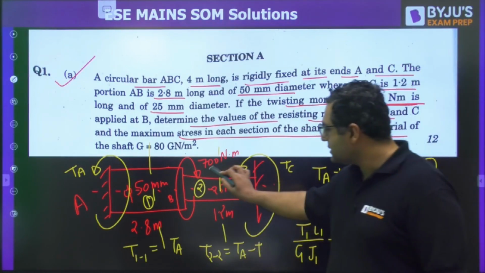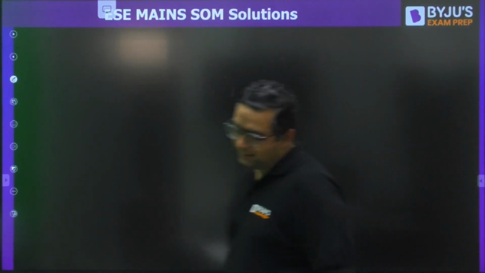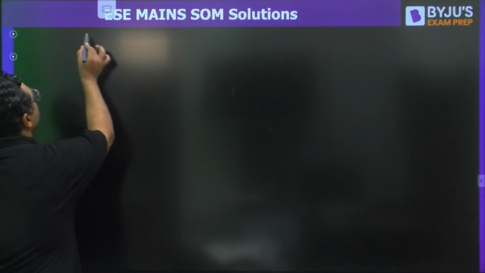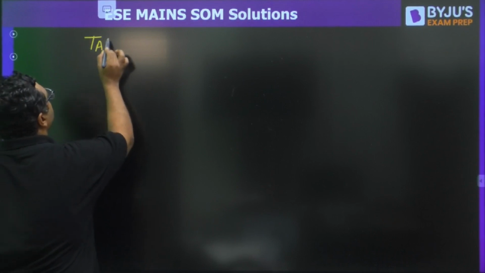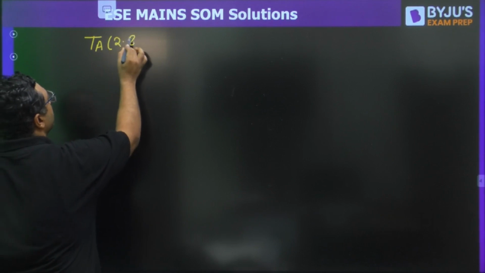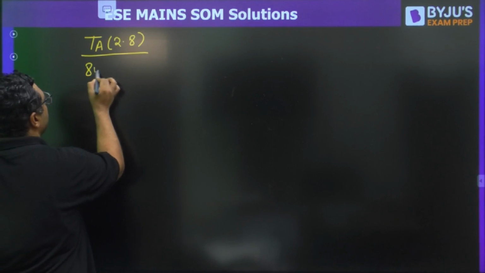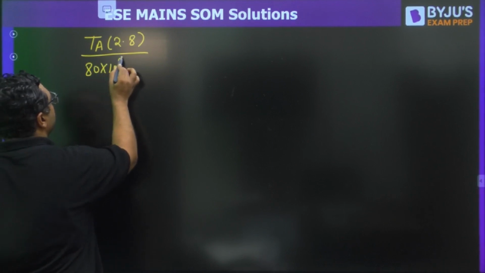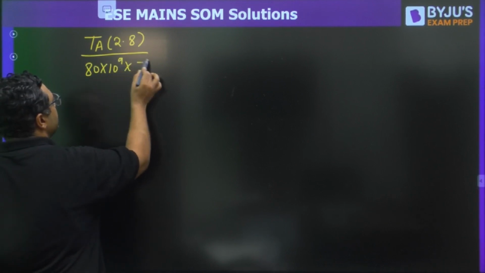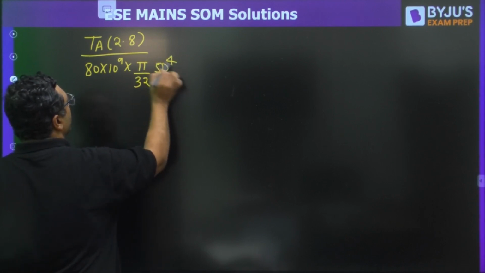This is T, 700 Newton meter. So my dear, now we are going to apply this. We will be writing TA, L1 is 2.8. Okay, G is given as 80 into 10 to the power 9. And J is pi by 32, 50 to the power 4.